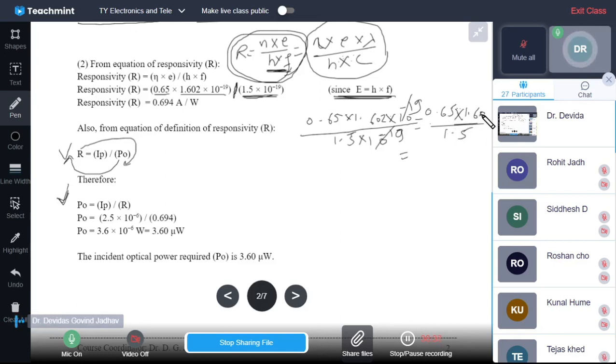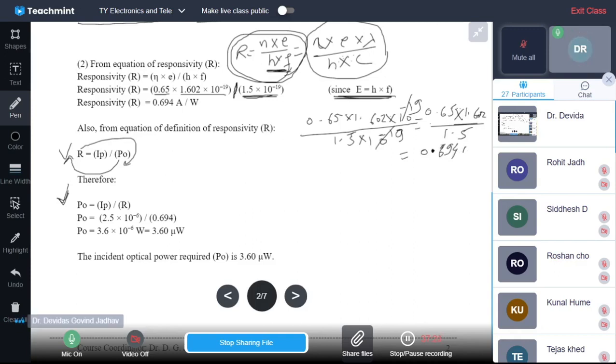0.65 into 1.602 divided by 1.5, and how much does it come to? It gets calculated as 0.694.